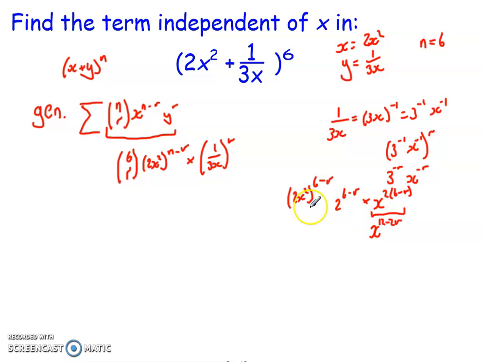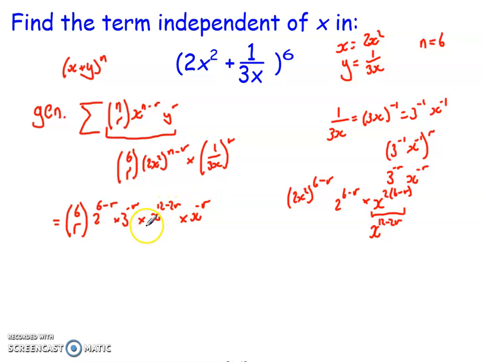So if I put all of that together in one go, what that then means is my binomial coefficient is going to be given by 6 choose r. I've then got 2 to the power of 6 minus r times 3 to the negative r. So if I put the numerical parts together and then group the x's together, and then multiply that by x to the 12 take away 2r times x to the negative r.